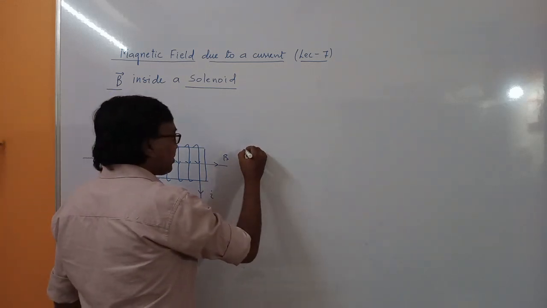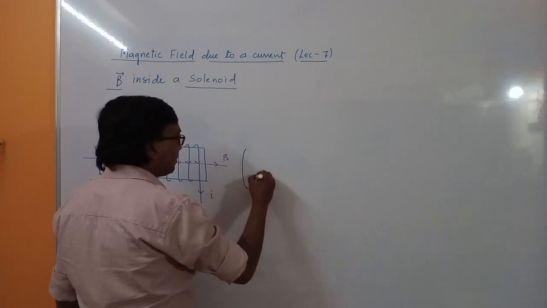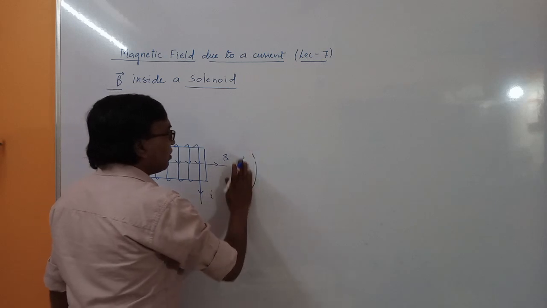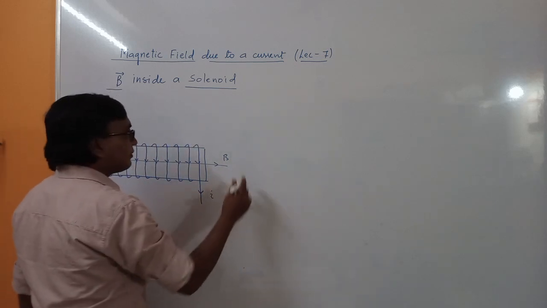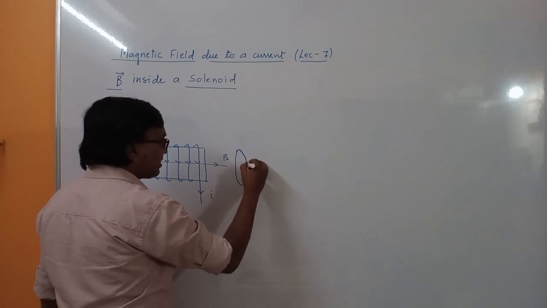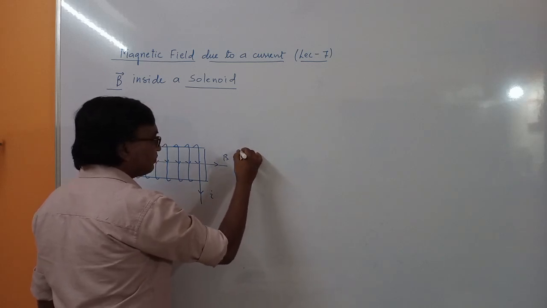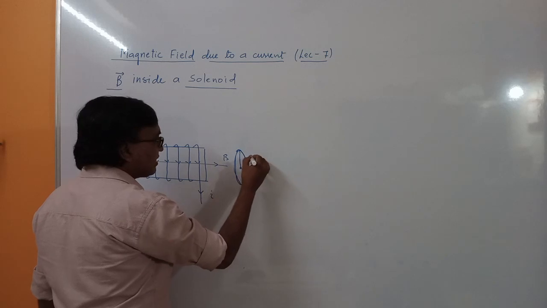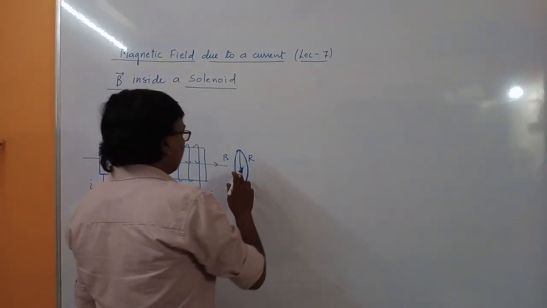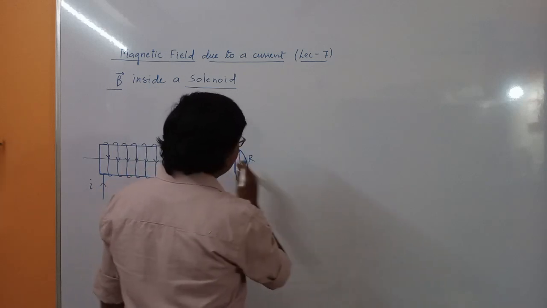If you take a cross-sectional view, let us assume this radius to be R. So this radius is R. This is a side view you are seeing from this side.